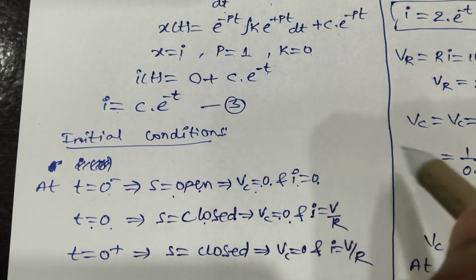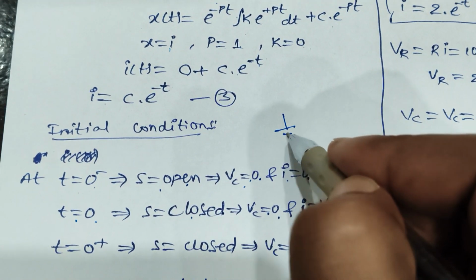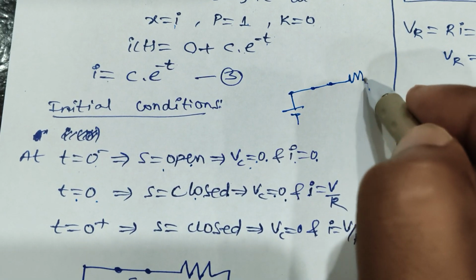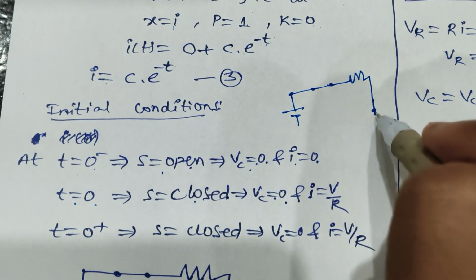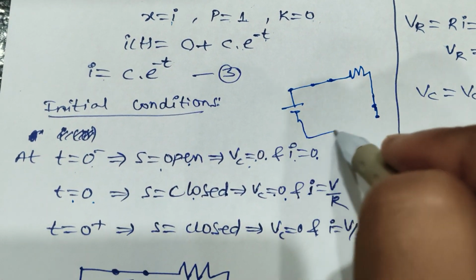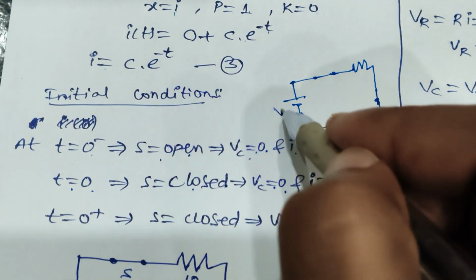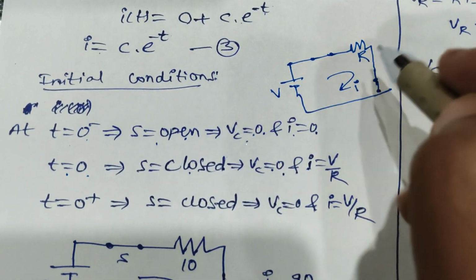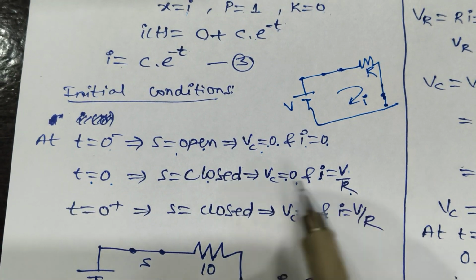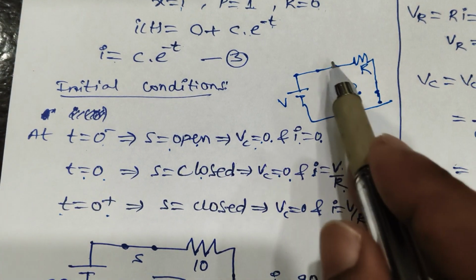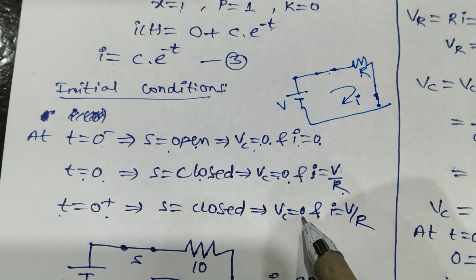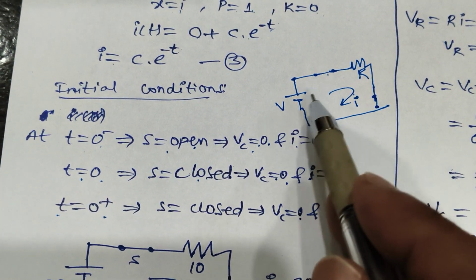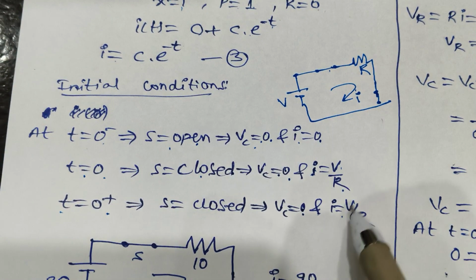However, the current, when the switch is closed, the resistance and capacitance are shorted, so it is a voltage source and resistance in a loop, and the current is I is equal to V by R. Even at t is equal to 0 plus, the switch is closed, the same voltage will be there because the capacitor does not allow a sudden change in voltage, and the current is I is equal to V by R.